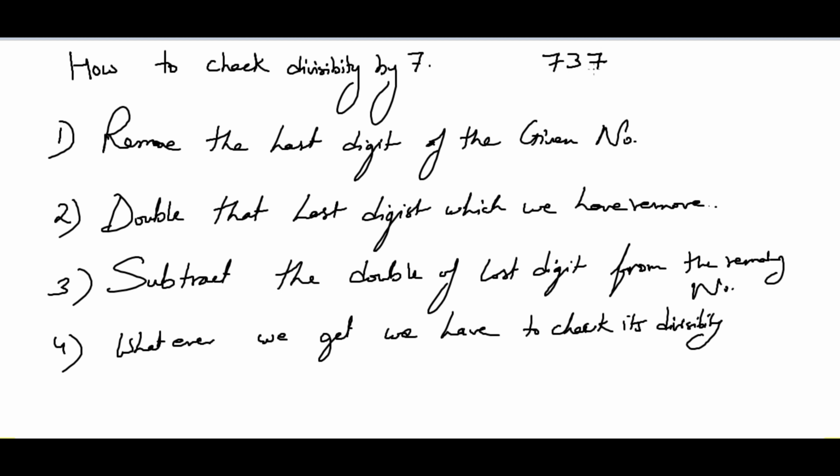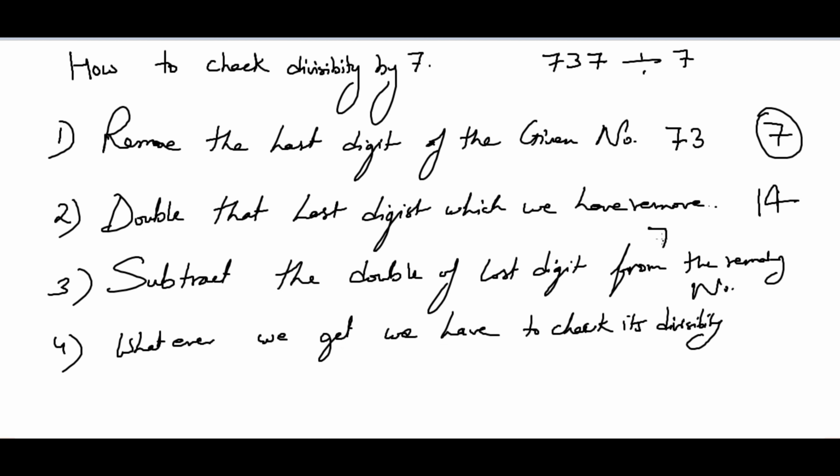Now we need to check whether this number is divisible by 7 or not. How to check? Follow the steps. Remove the last digit. So I have removed it. I got 73 separated and 7 separated. Now I have to just double the last digit, 7, I made it 14, and then we have to subtract it from the remaining number.